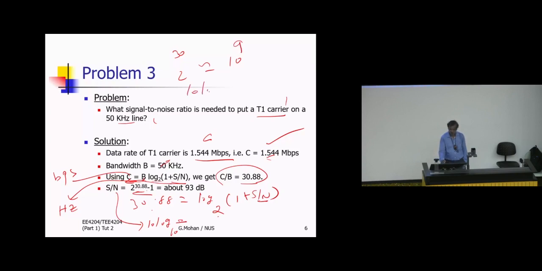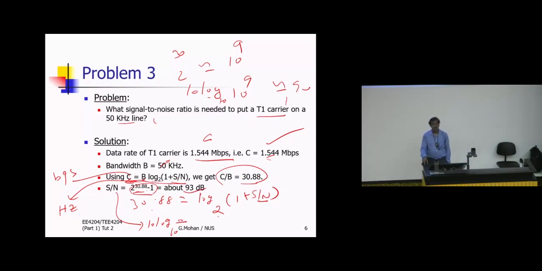So 10 log 10 power 9: log of 10 power 9 to the base 10 is 9. So approximately 90. Because it's not exactly 10 power 9, you get 90 plus. You can quickly verify whether the answer is correct or not.